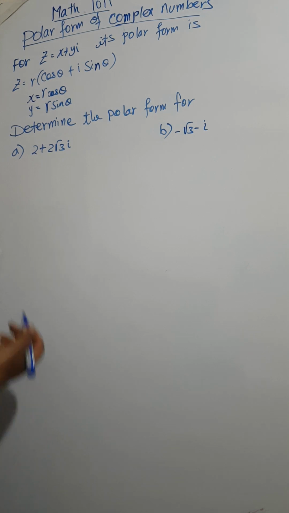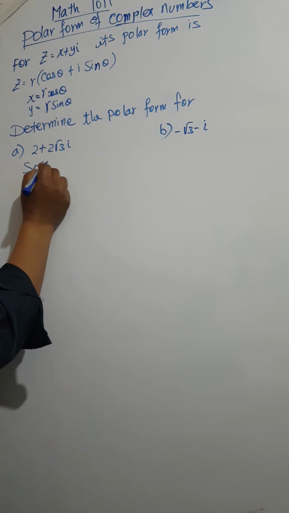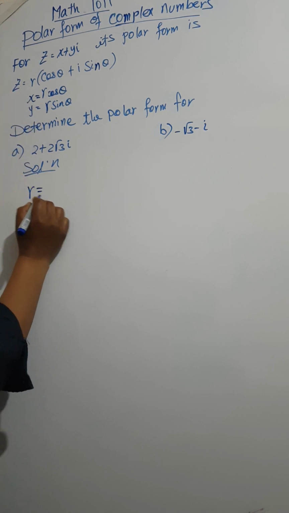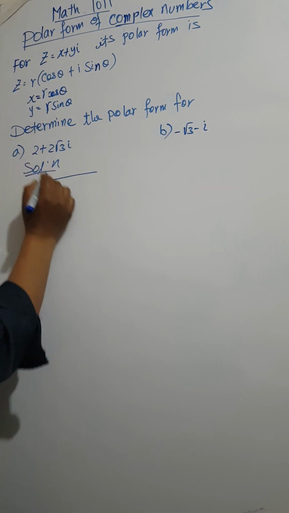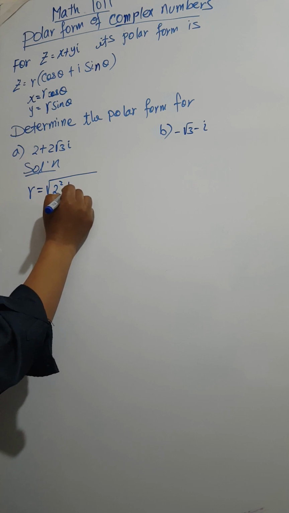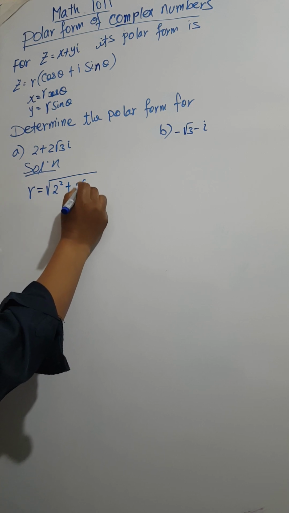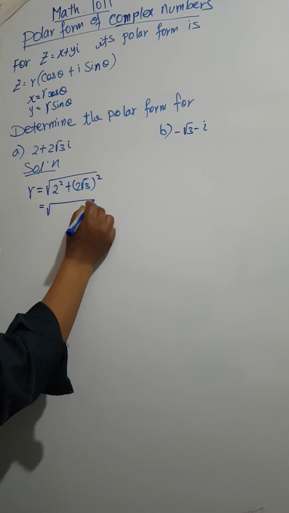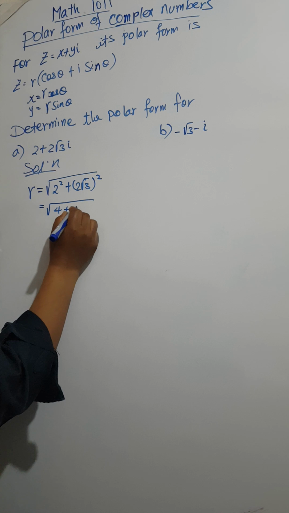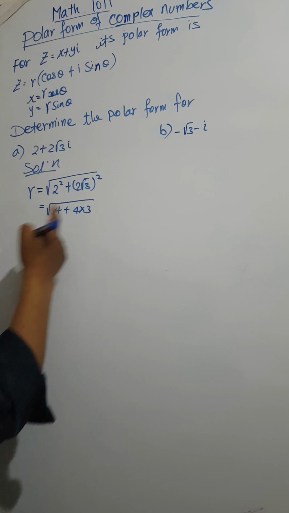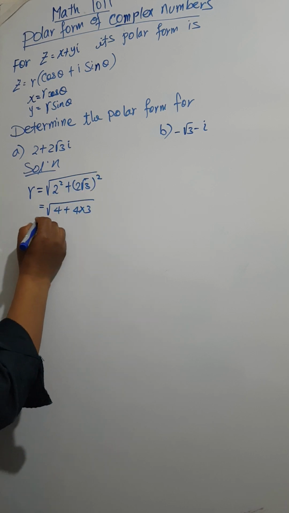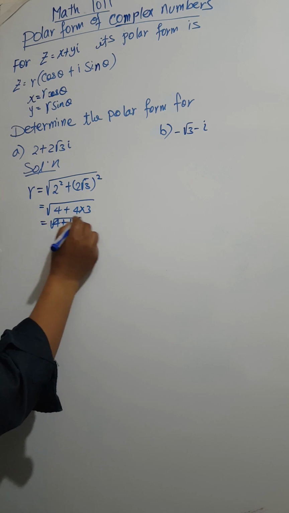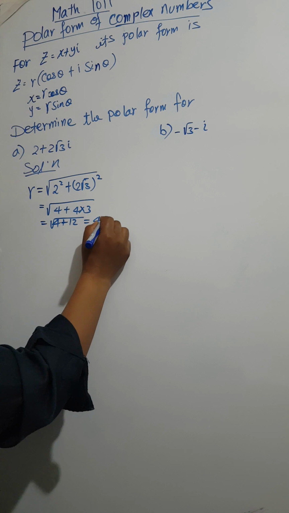First, the solution: we determine the amplitude or modulus. r is equal to the square root of the real part squared plus the imaginary part squared, which is the square root of 4 plus 4 times 3, so 4 plus 12 under the square root, this is 4, which is equal to r.